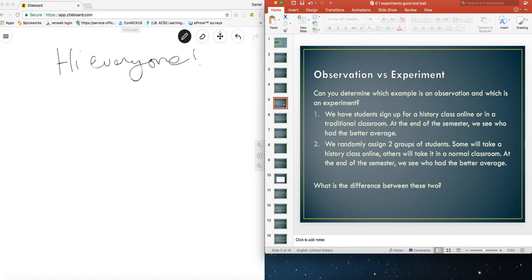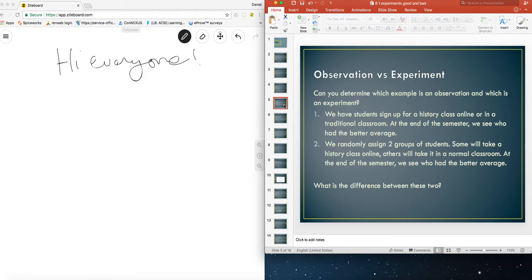So it sounds like these are basically the two things. We have people doing a regular class and online, and we're trying to see who does better. But if you notice in number 1, nowhere did I say that we were going to put people in a certain class. They got to decide. Notice how it says students sign up for. So they get to pick if they're online or they're traditional.